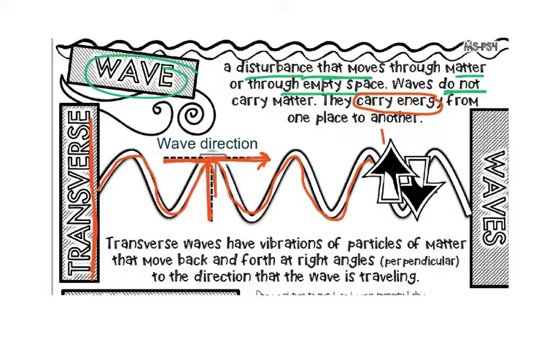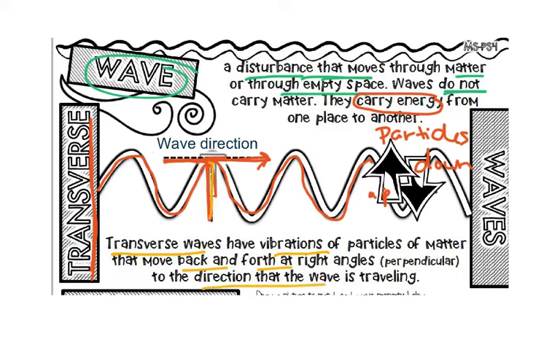The particles, as the wave moves left to right, the particles move up and down. So in a transverse wave, there are vibrations of particles of matter that are moving back and forth at right angles to the direction that the wave is moving.